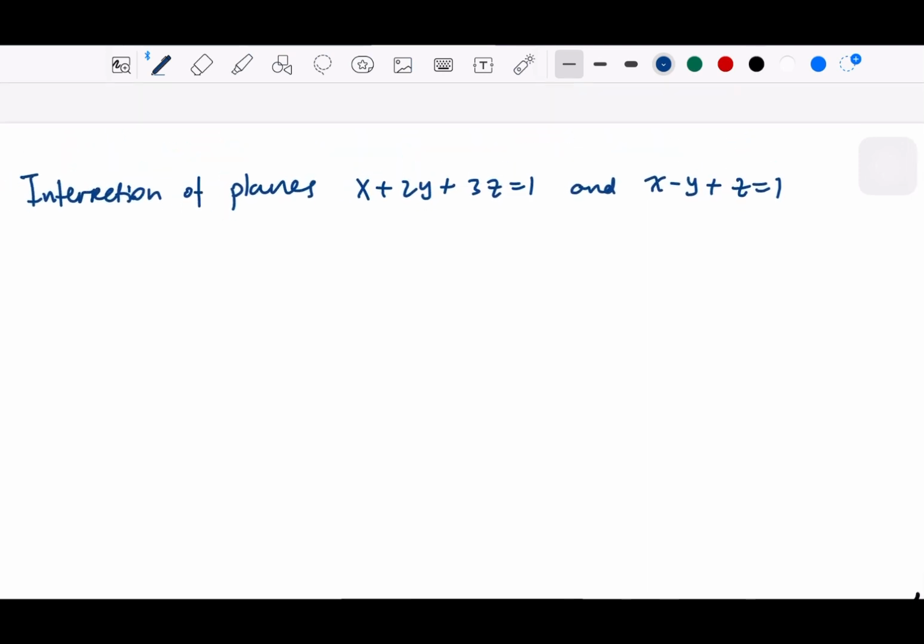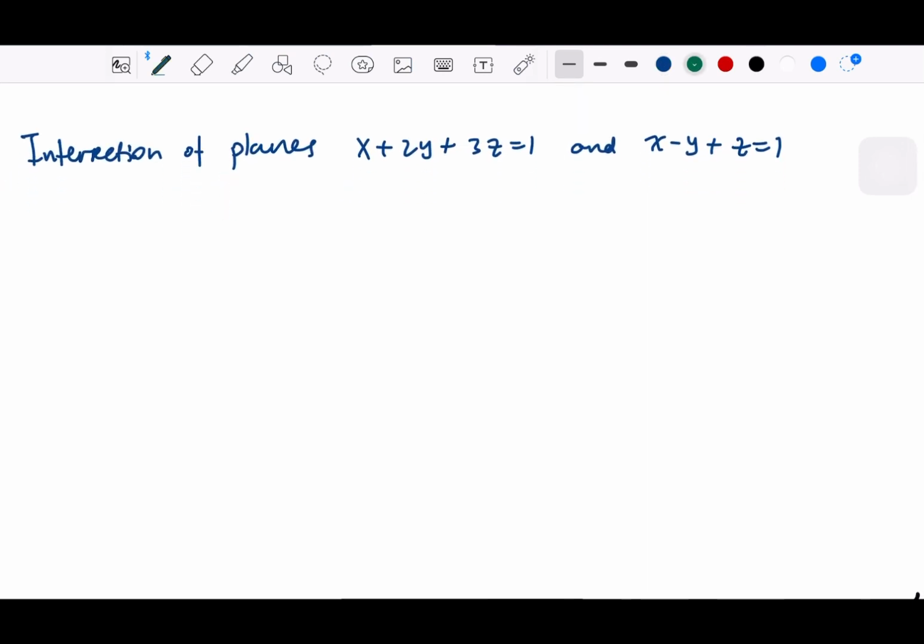Okay. Now, if we look at these two equations, we have this and this. First, let's make sure that there is an intersection between those planes. How do we know? We can check with some points. The easiest point is maybe 1, 0, 0. If you see the arrangement of x, y, and z, when we take 1, 0, 0, we see that it is going to be the same.